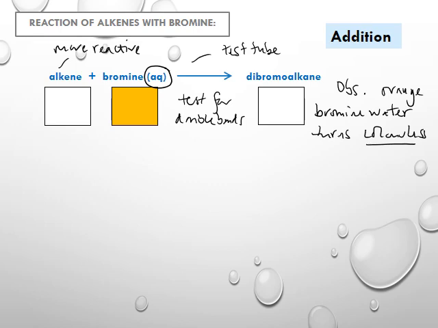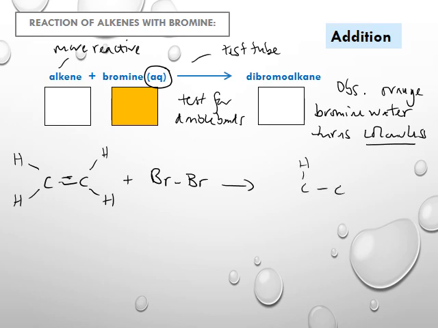And this is an addition reaction, because let's have a look at what happens. So we'll take ethene, most straightforward example, plus Br2. And what happens is our double bond opens up, so now it's a single bond, and each carbon needs to have 4 bonds.